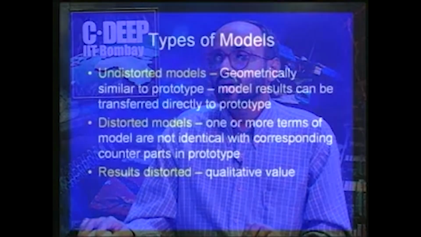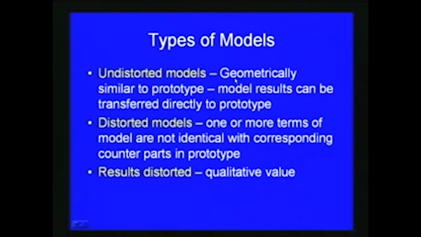Undistorted model means the model is geometrically similar to the prototype. Lengthwise, widthwise, depthwise, the model replicates the prototype. Since it is geometrically similar, in most cases we can directly transfer the results to the prototype. These kinds of models are called undistorted models.